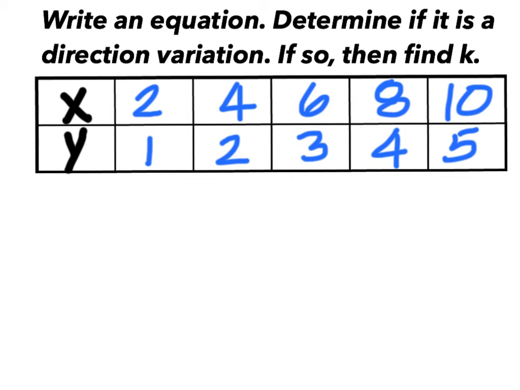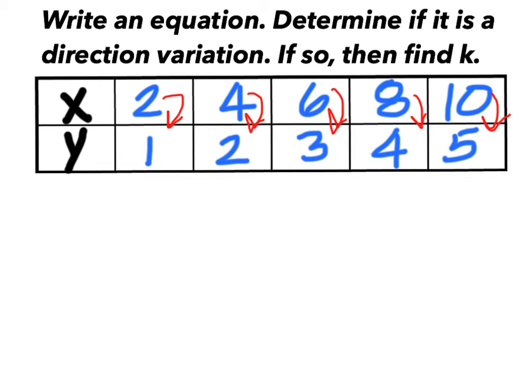Write an equation, determine if it is a direct variation. If so, then find k. Well, we're going from x to y. What is happening to these x values to get to the y value? Am I subtracting 1 all the way through?